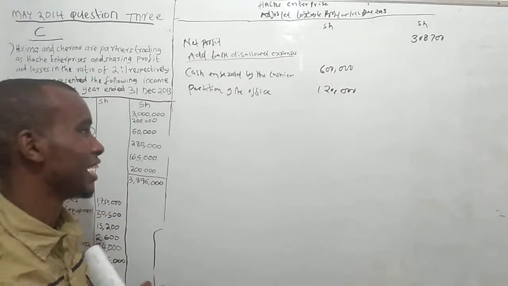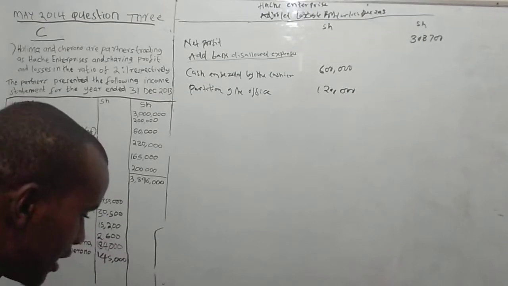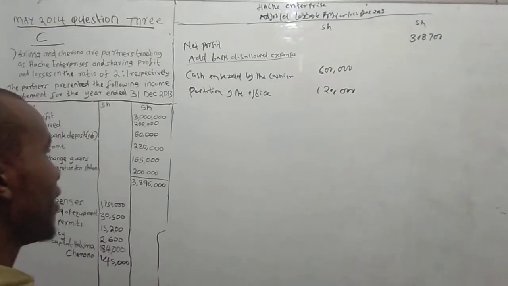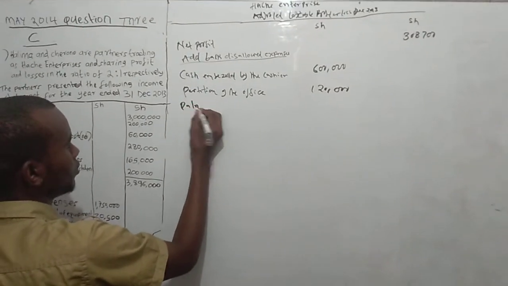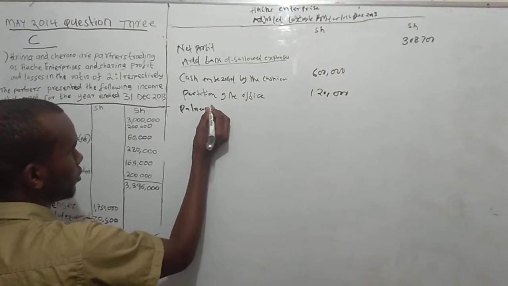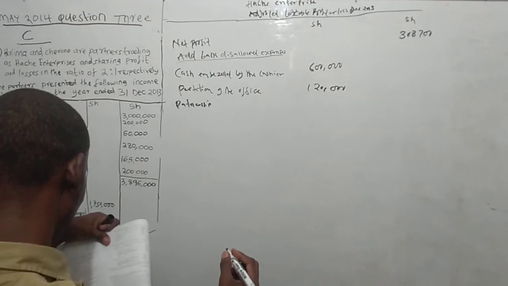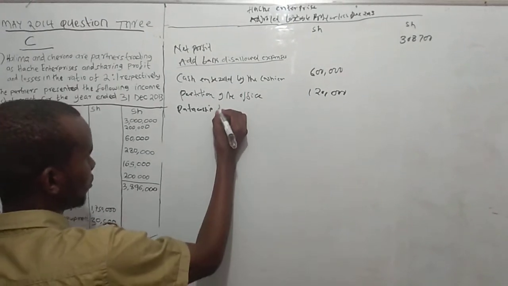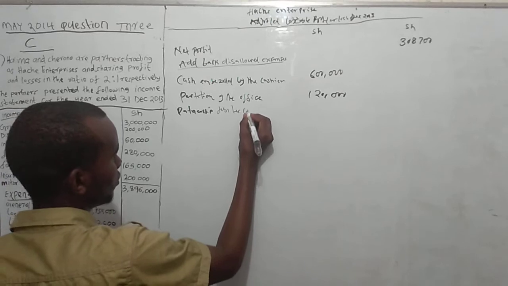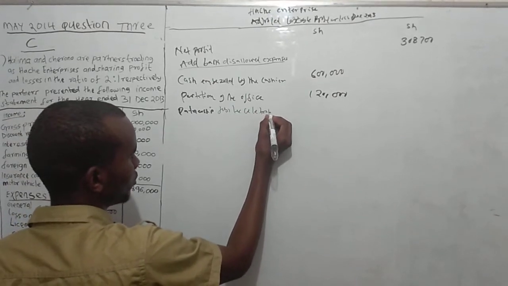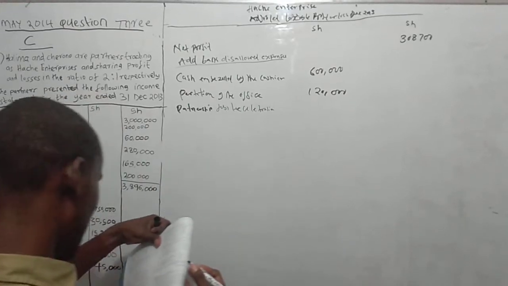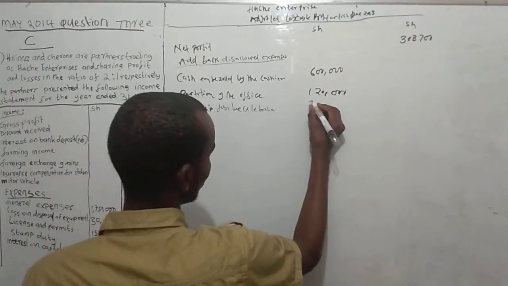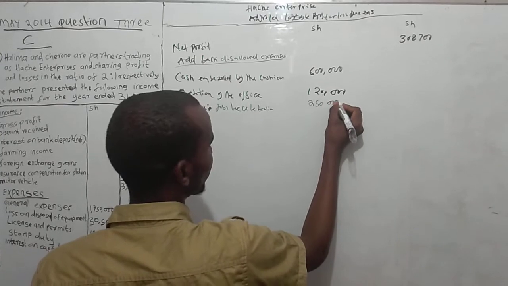It will come later. After partition, we have the partnership Jubilee celebration. That is also a disallowed expense. The amount is partnership Jubilee 250,000.